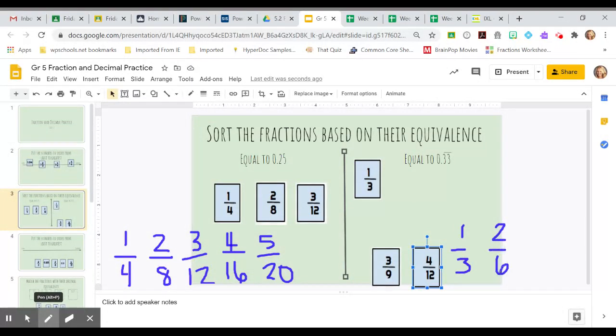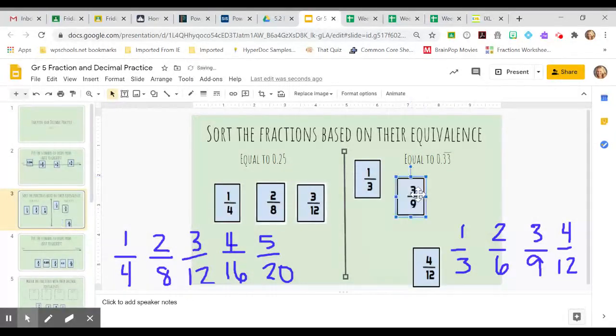If I multiplied 1/3 by 3/3, that's going to give me 3/9. If I multiplied 1/3 by 4/4, that's going to give me 4/12, and I could continue with 5/15 or 6/18. So yes, 3/9 and 4/12 are equivalent to 1/3. Okay, so those would stay here on this side.